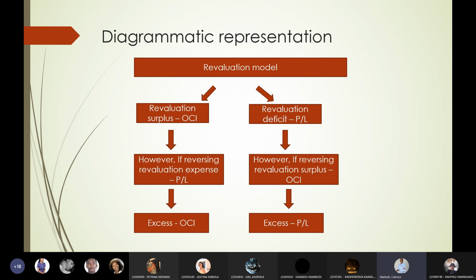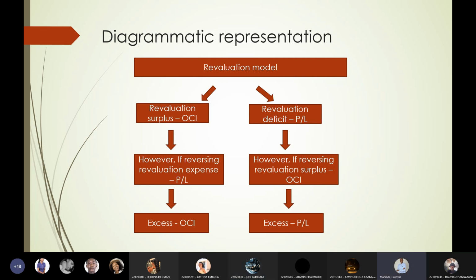I want to make sure everyone can see before we move on. Can you see my slides? Yes, we can see the slides.